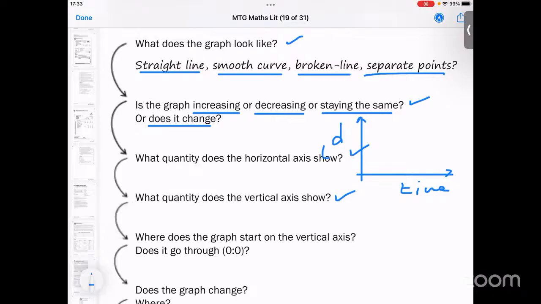The distance can be in meters, millimeters, centimeters, kilometers, whatever the case may be. Just like with the time, the units can be seconds, minutes, hours, whatever the case may be, the honorable member. Remember that time can also be measured in days. Not only that, weeks, months, and even years. That is not the end. It can go on and on.